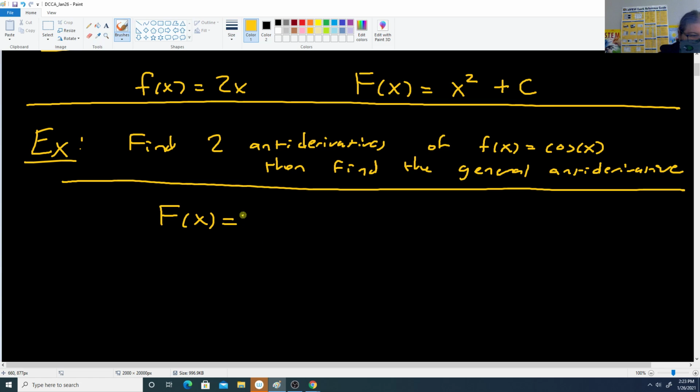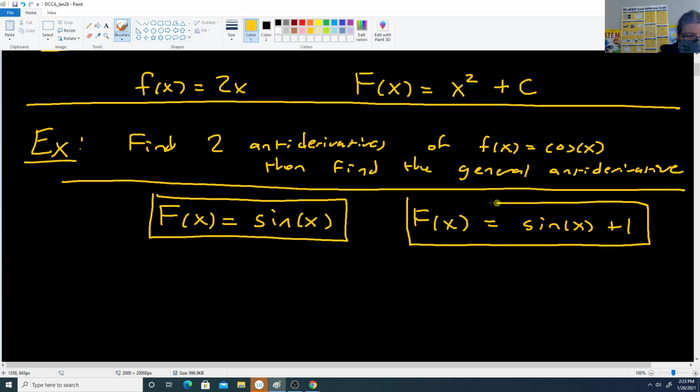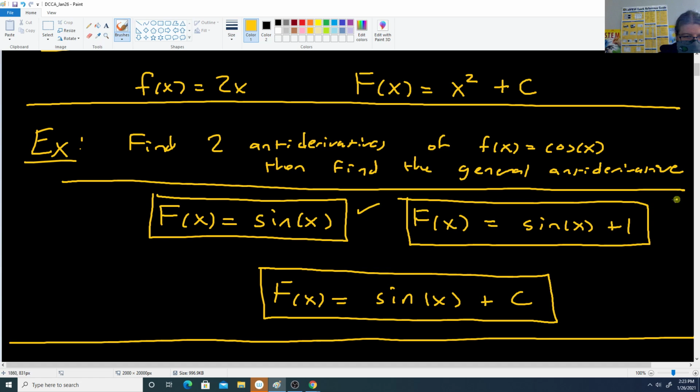Well, the derivative of sine is cosine, so I'll make one of them sine of x. Here's one of my antiderivatives. The other one, let's do sine of x plus a number, so sine of x plus 1. That also has derivative cosine. The general antiderivative will be sine of x plus c, where c is able to be any constant, so c could be any number we wanted to put in there. So here are our two antiderivatives and the general antiderivative.